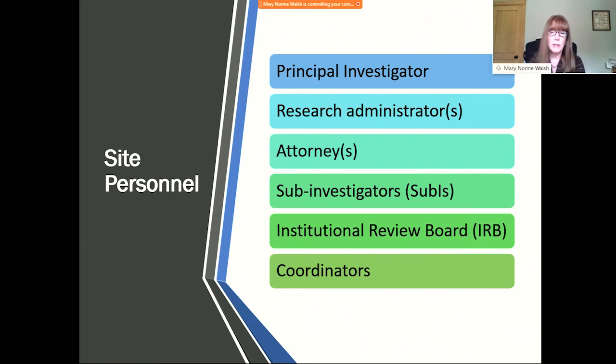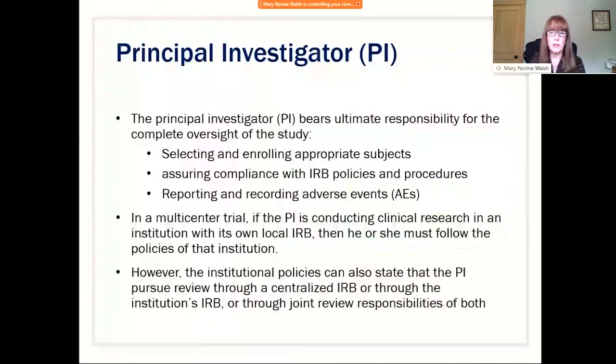You might offer them to be sub-investigators. Many of you filled out your surveys and said you already had been sub-investigators. And it's one of the first things that we do after we have somebody come on board in an institution, you say, hey, you want to be a sub-I in this trial? Because it sets you up really well to then become a principal investigator the next go-round. You do have an IRB, and then the invaluable nurse coordinators are necessary to make a trial run at a site.